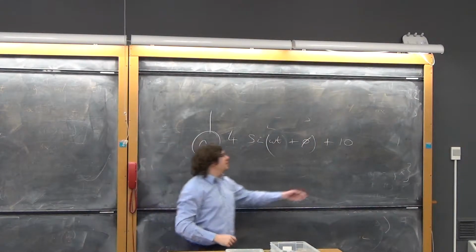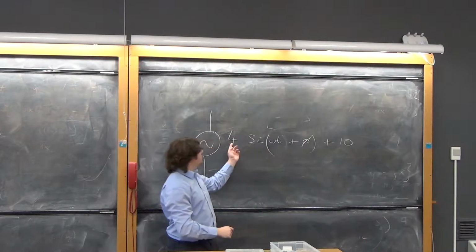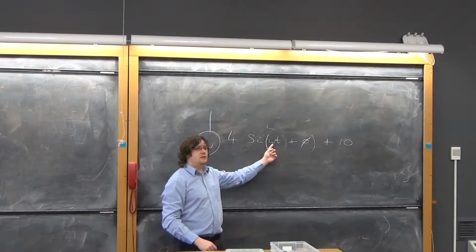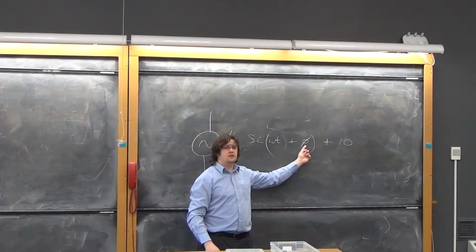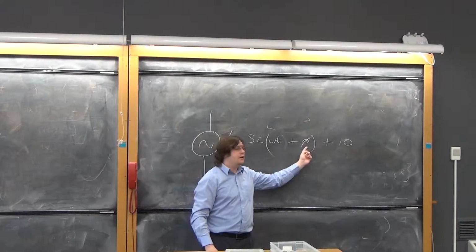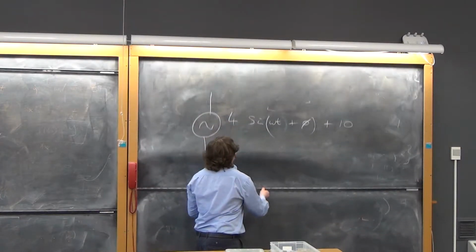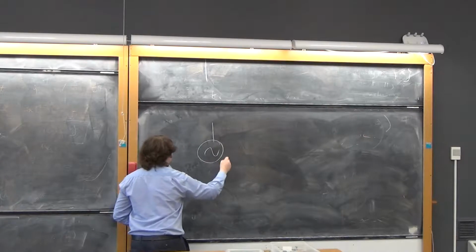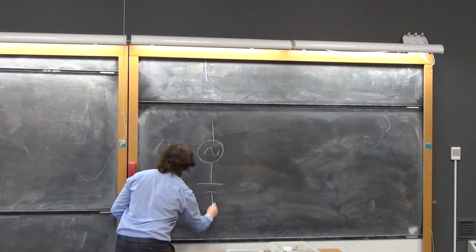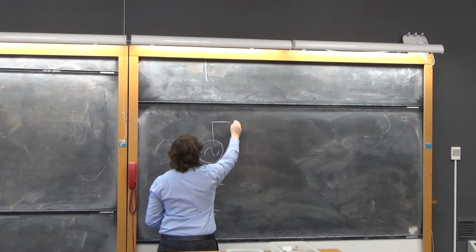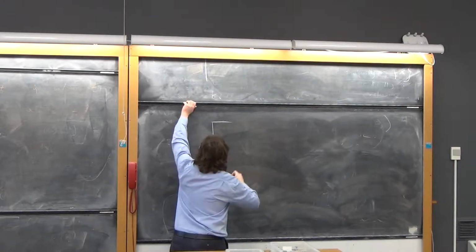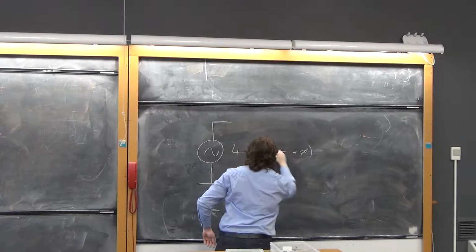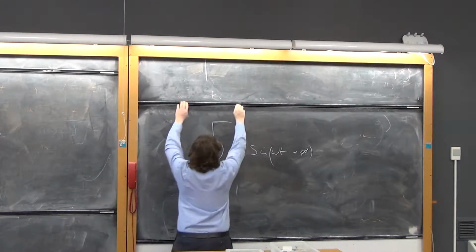So there's a DC offset of 10 and a sine wave component of magnitude 4, frequency omega, and phase shift phi. What then if I said, alright, we have a sine wave and a battery, all connected to ground, and this is 4 sine omega t plus phi, and this was, what did I say, 10?